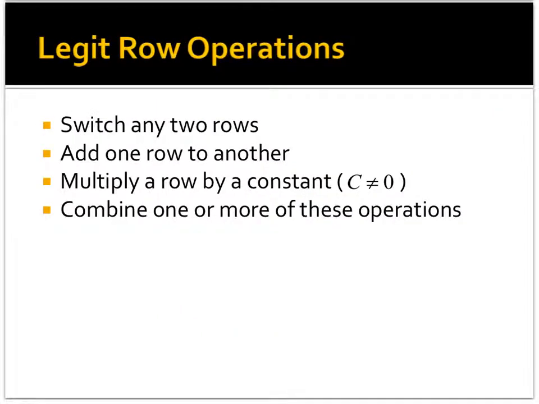Okay? So these are legit. These are things that we can do to solve these problems. We can switch any two rows. For example, if I had 2x plus 3y is equal to 5 and 4x plus 2y is equal to 6, could I flip-flop these? Absolutely.